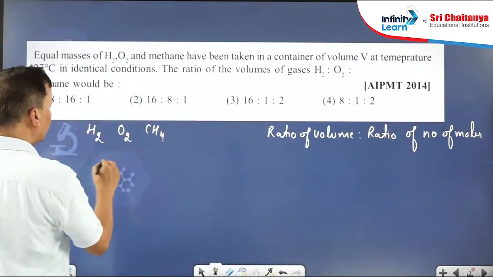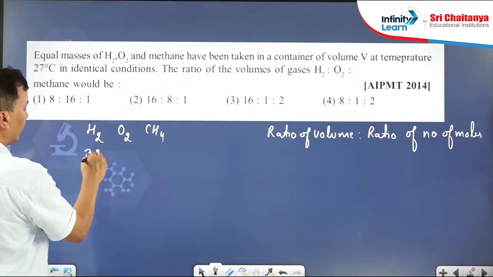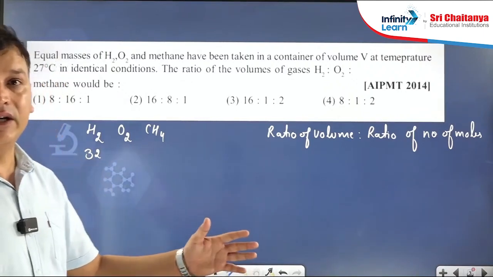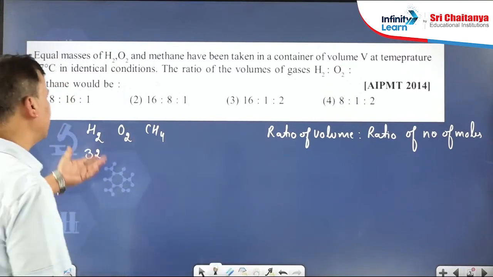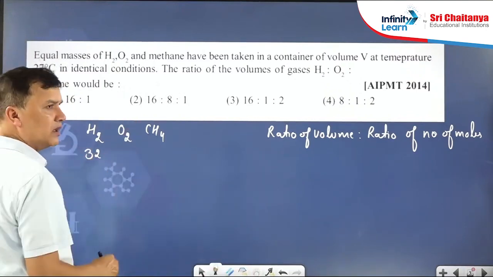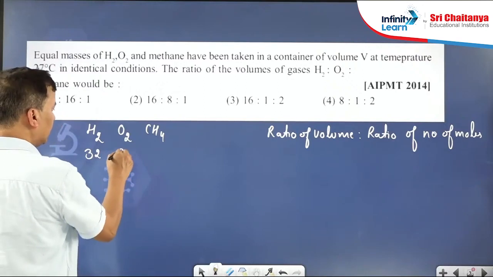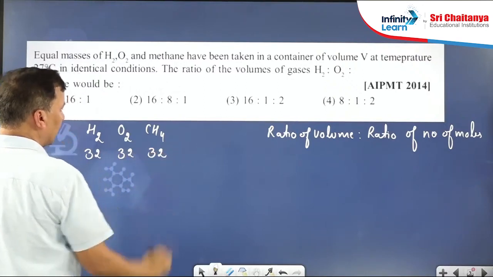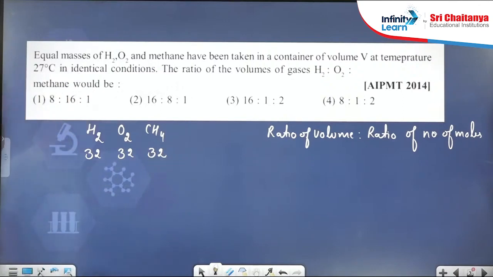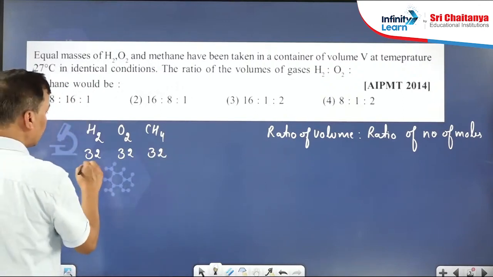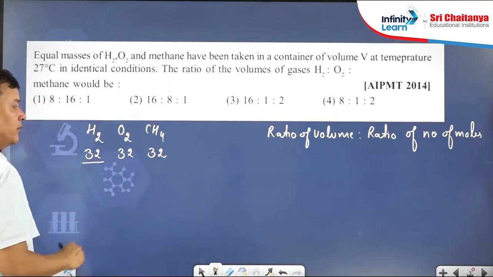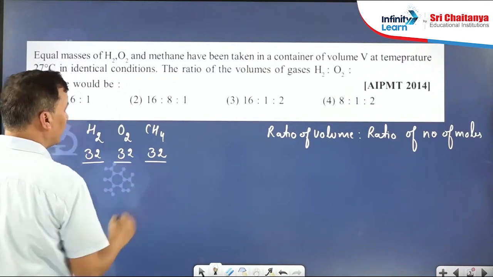Let me take 32 gram of this one. Now you will ask me, why sir are we taking 32? You can take 2 or 32, or even 1 gram. To make the calculation easy, I am taking 32 gram of each gas. So we have to change it into the number of moles, by dividing by the molar mass.